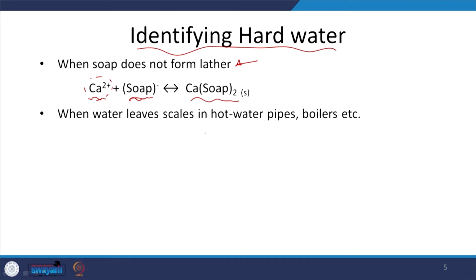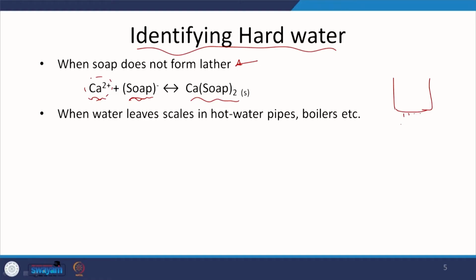And another aspect that you would have seen, I think I mentioned this earlier. Earlier we used to boil, and I am sure even now people boil water in their homes for various reasons, either for bathing or for drinking water disinfection, right.